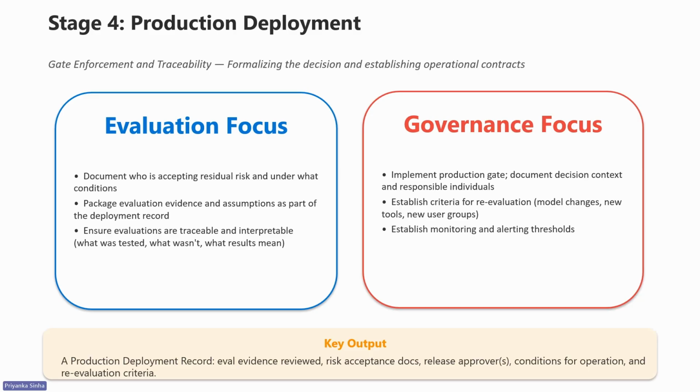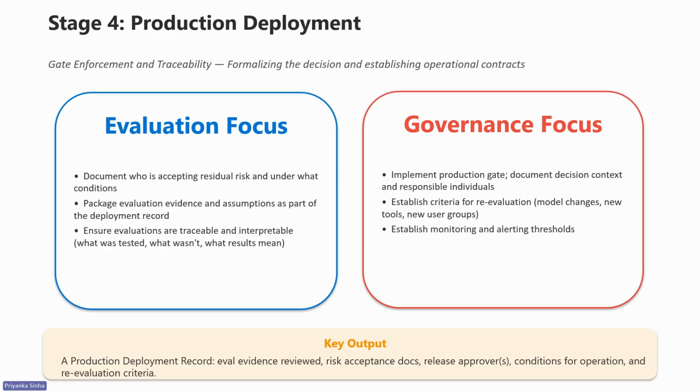And from the governance side, at this stage it's about implementing the production gate itself. You document the decision, who made the call, what evidence was reviewed, and you establish the criteria for re-evaluation, what triggers, let's say, warrant revisiting the go-live decision.